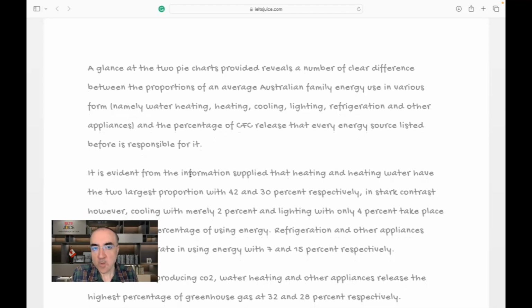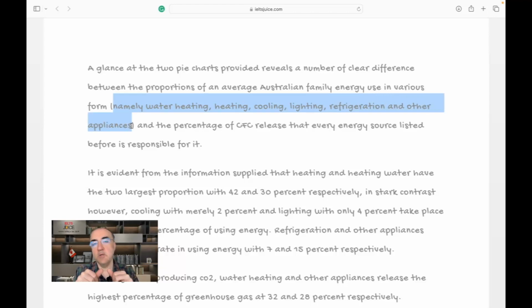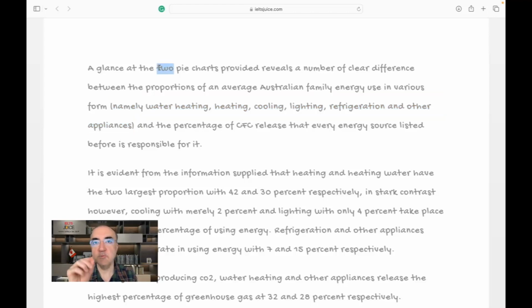Okay, I like this, that we introduce the different topics. I mean, there's a legend and there are different elements. So these elements appear in the two pie charts. And I love that it's written in TWO, very formal. So these are positive points so far.